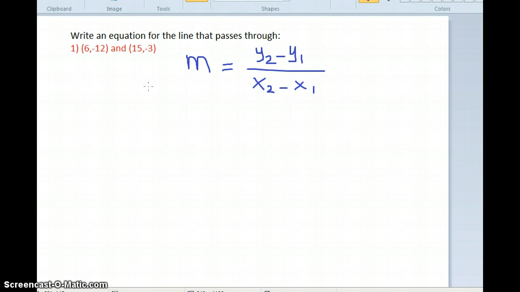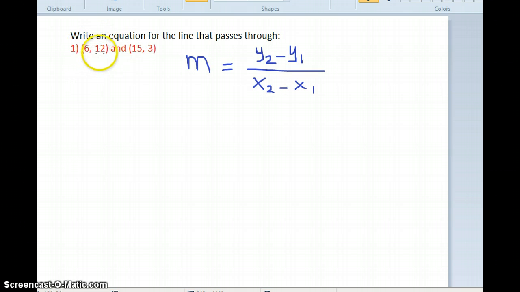It doesn't matter which one you subtract from the other, but what matters is you have to be consistent. So if I say this is y2, then in the same point this is x2. If I say that -12 is y1, then in the same point this is x1. What you can't do is say this is x1 and this is y2.